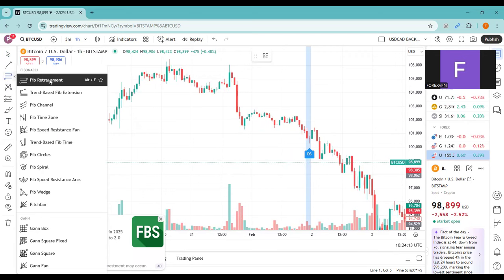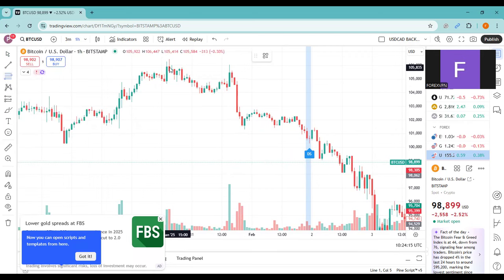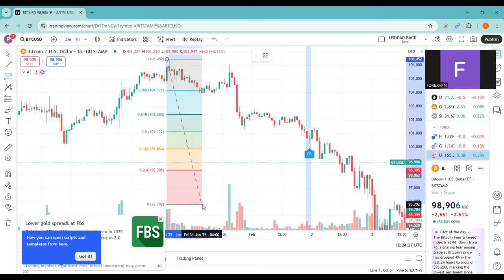You click Fibonacci retracements, and then we try to start from the highest point since you are looking for a sell opportunity. So you go ahead and pick the line from the top of the day or the swing high, and then you bring it down to the swing low.